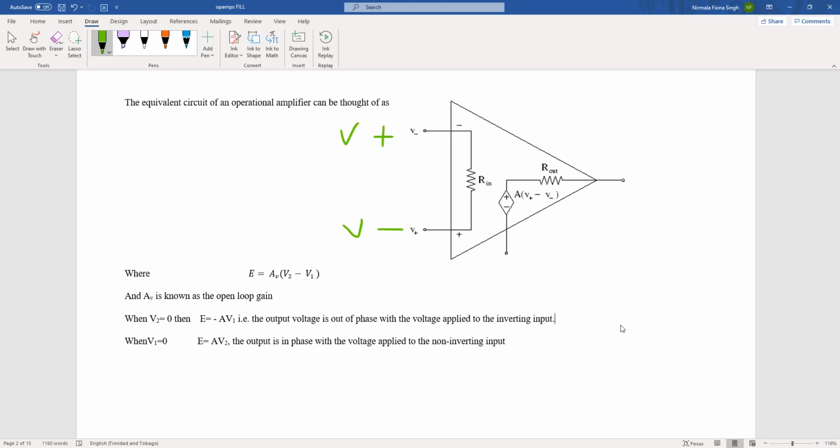As I said, we have two voltages that come in, so we always have a negative input and a positive input into our amplifier. Your amplifier has both positive and negative input connectors, and those input connectors are connected to an input resistor, R_in. Now, as we've said, I've told you all resistors are a good thing.